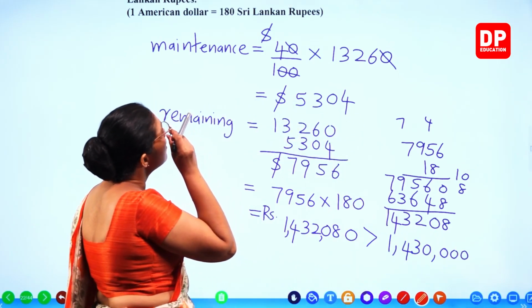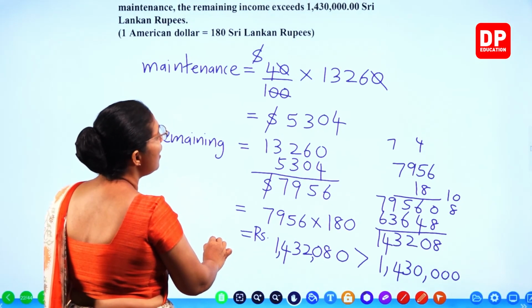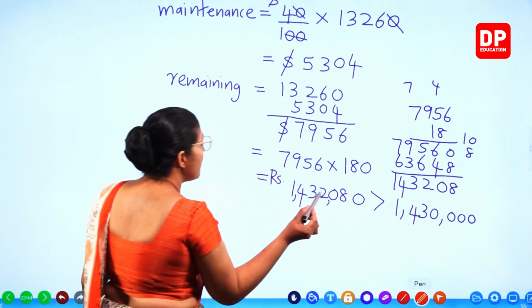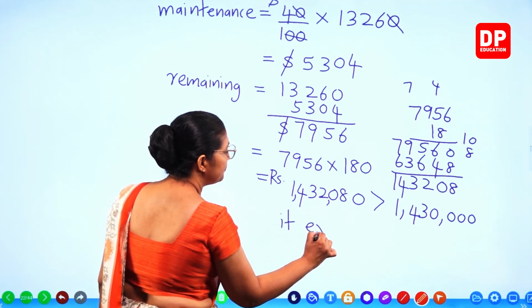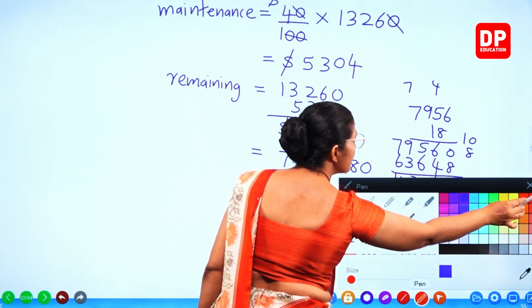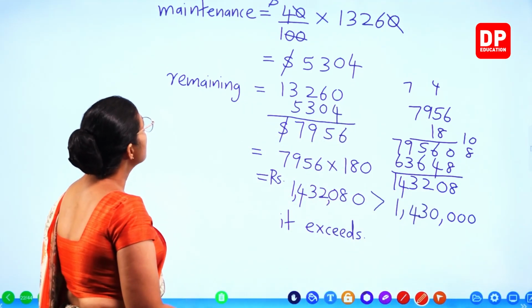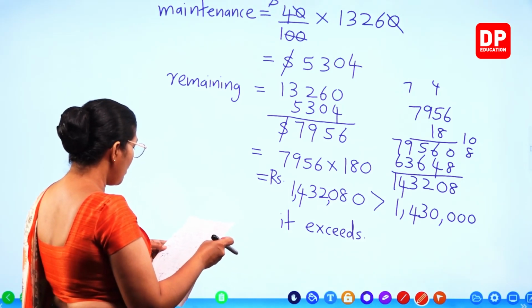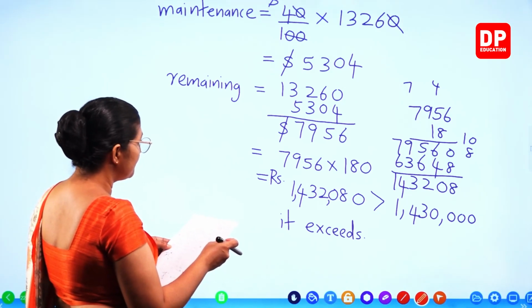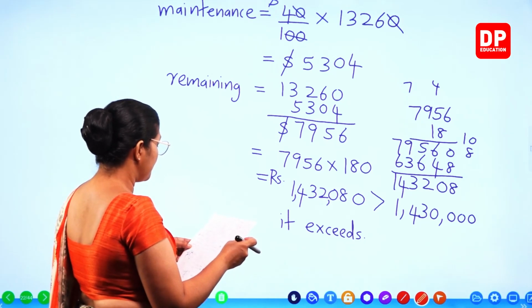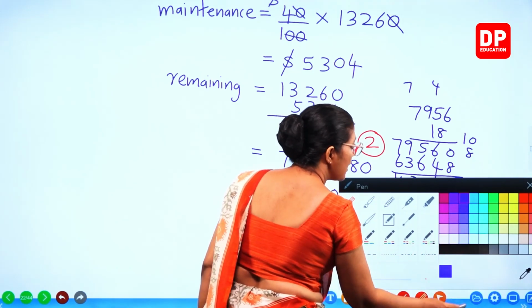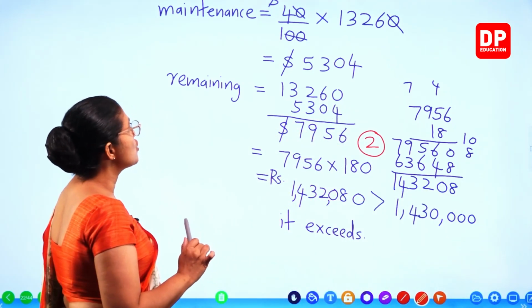This is exceeding 1,430,000 rupees. So you can write it exceeds. How many marks for this? You are getting 2 marks. So we have given altogether 10 marks for the whole question.